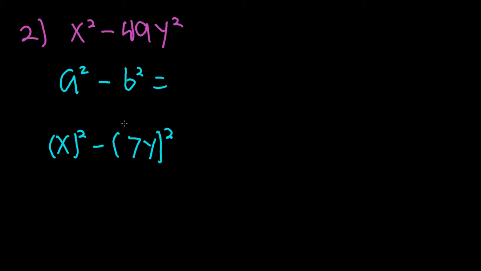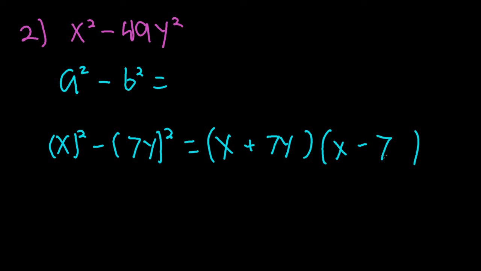I'm just rewriting each of my values in the original problem in terms of a and b, so that when I solve it, I'll write out my formula, 2 sets of parentheses. My a value is x, so I'll write x plus my b value, 7y, and I will get over here x minus 7y.